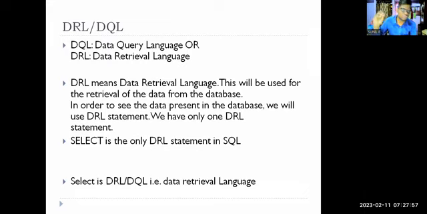The language is used for retrieving data from the database, and in order to see the data present in the database, we will use the DRL statement only. We have only one DRL statement. So how do we write this DRL statement? Using the select statement, which is the only DRL statement in SQL.